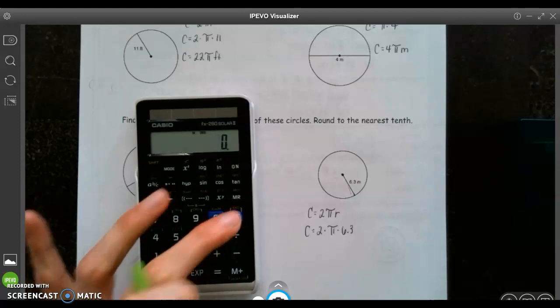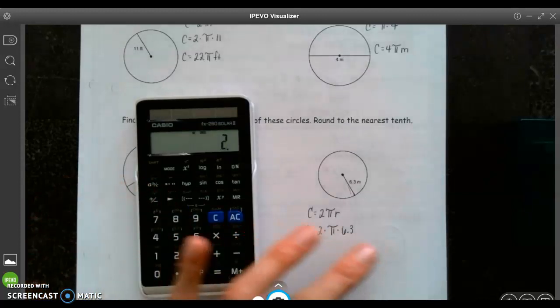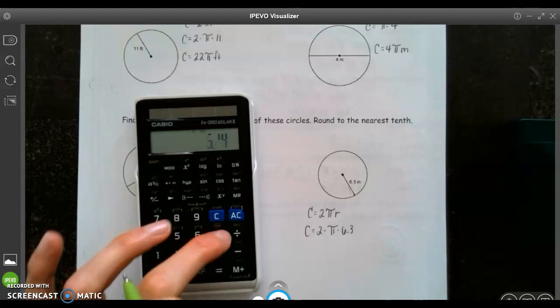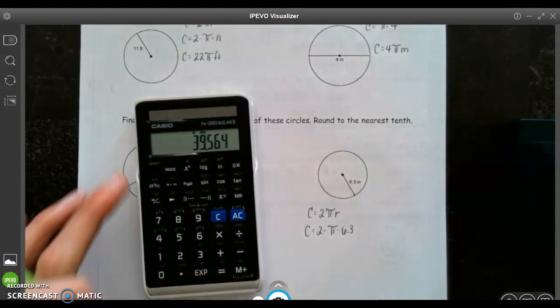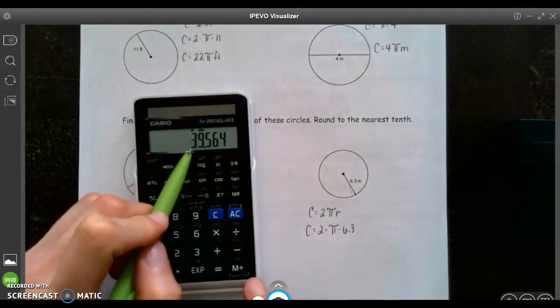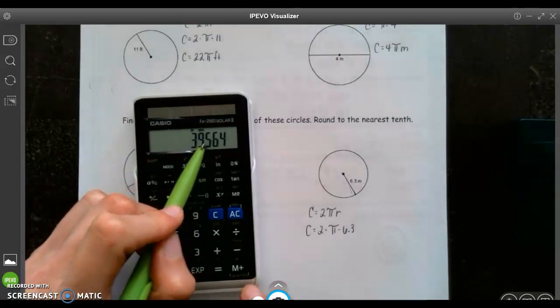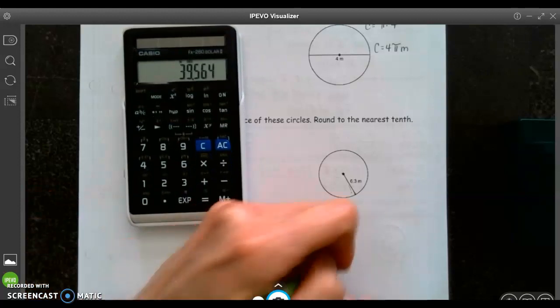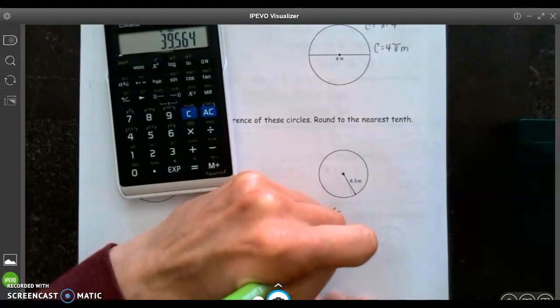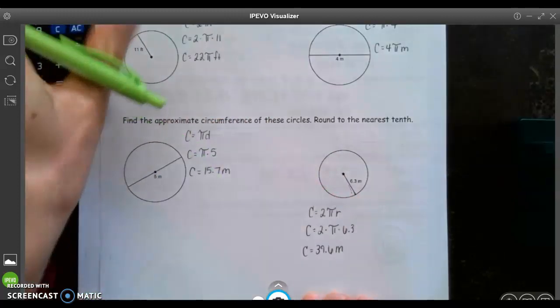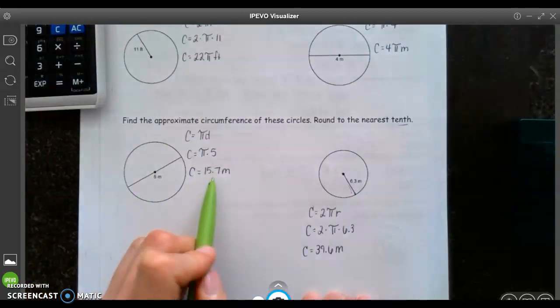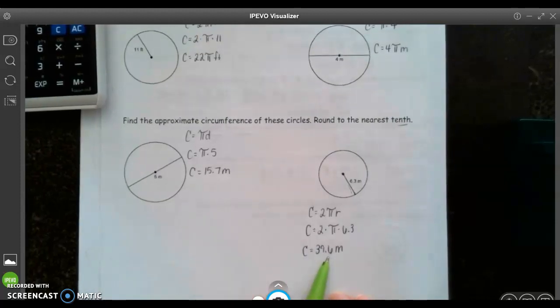What you guys would probably do is 2 and just multiply in order times 3.14 times 6.3. That would be the most common thing to do. Okay, equals 39.6, that 6 is going to make the 5 round up, so circumference equals 39.6 meters. And actually, I wasn't looking, it does say round to the nearest tenth, and so we did here, and we did there. Nearest tenth is just one decimal point, or one number after the decimal point.